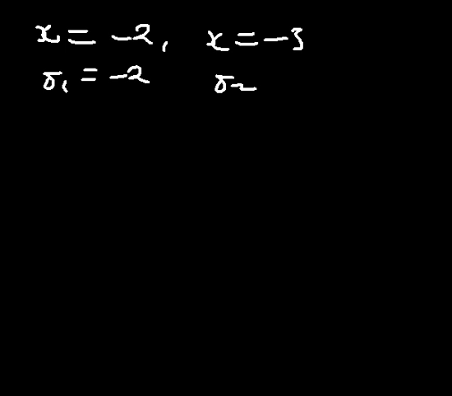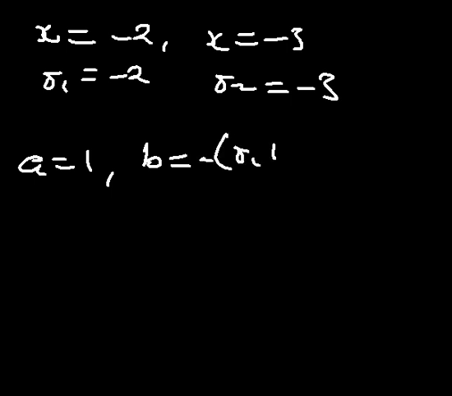Whenever we are given the roots, the value of a is always 1. The value of b is given by negative (r1 plus r2), and the value of c is r1 times r2.